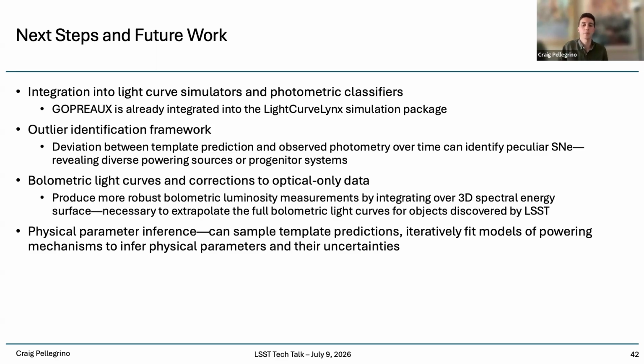We're also calculating bolometric light curves by integrating over the 3D SED surface itself, and we can quantify typical bolometric corrections for different classes of objects that might have left out UV or infrared photometry. And then finally, the predictions and the measurements can enable more robust physical parameter inferences using the uncertainties that are derived from our models.